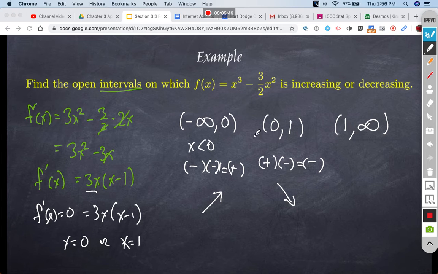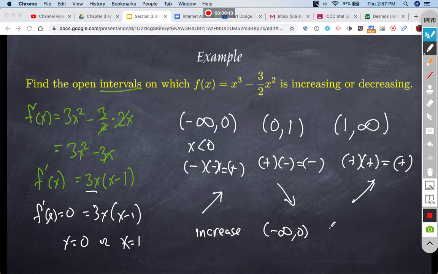If x is bigger than 1, again, 3 times x is going to be positive. A number bigger than 1, take away 1, is still going to be positive, so we get positive times positive is positive, so this is going up. So my open intervals, we're going to be increasing on the intervals negative infinity to 0 and 1 to infinity.